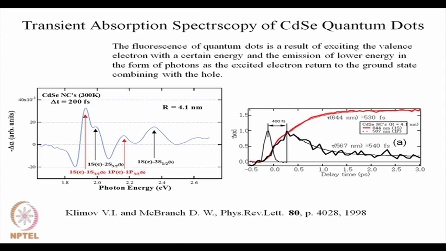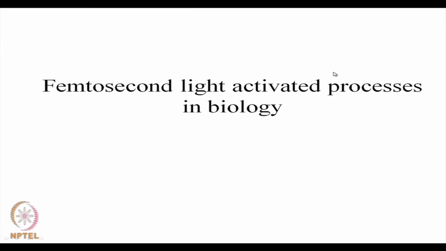So using this transient absorption spectroscopy, we can look into various photophysical or maybe photochemical aspects of these materials. So it has a tremendous application. Here again these authors have reported some time dependent behavior, which right now we are not going to discuss in detail, but that can be useful.